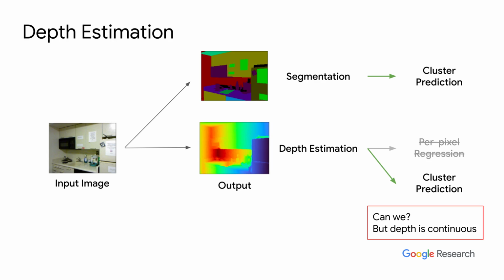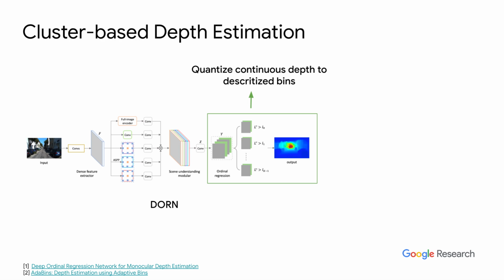Now, let's look at how to transform depth estimation to the cluster prediction paradigm. The main difference of depth estimation from segmentation is the continuous output space. Fortunately, DORN, a previous work, and other previous works demonstrate the potential of discretizing the continuous depth range into a set of fixed bins. By performing classification among a set of depth bins, it shows promising results.